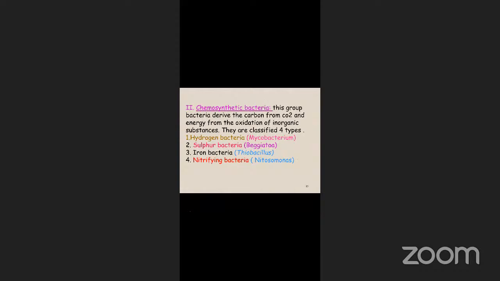And next is iron bacteria. The iron bacteria get their energy by oxidizing ferrous ions into ferric ions. Examples are Ferrobacillus, Thiobacillus, and Gallionella.